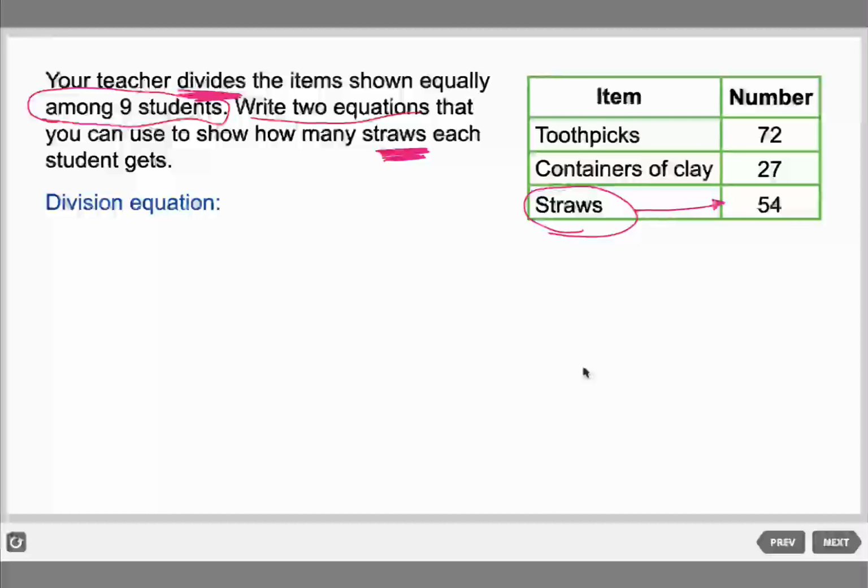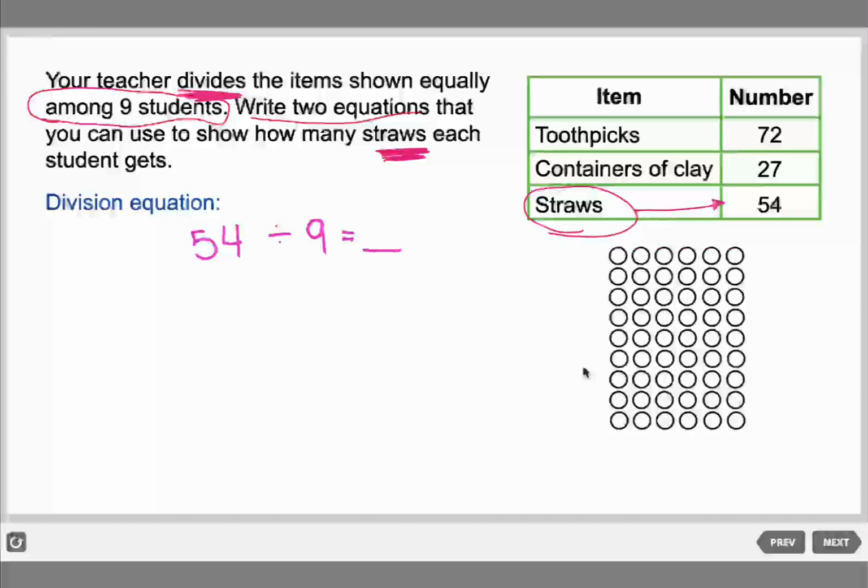Oh, no. 6. 54 divided by 9 equals, as you see here, we have this array, 54 in all, divided into 9 equal rows. How many counters in each row? 6. So the answer is 6.